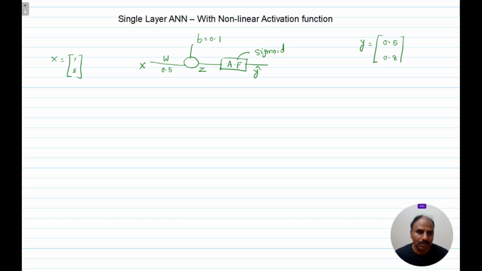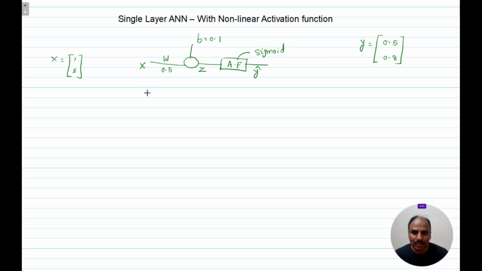So if I give input 1, my expected output should be 0.5. If I give input 2, my expected output is 0.8. So accordingly we have to decide the W and B by using nonlinear optimization. Okay, so let us start the operation.